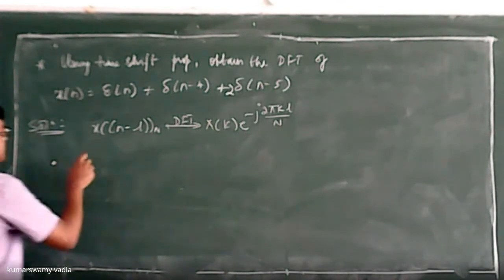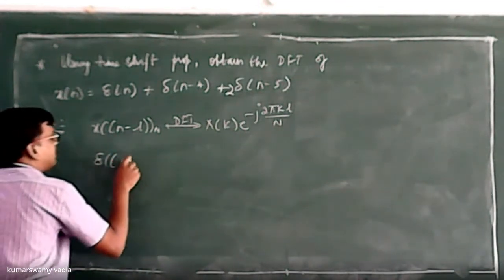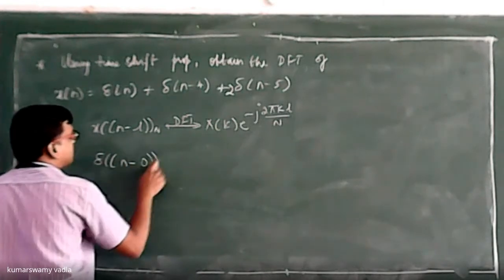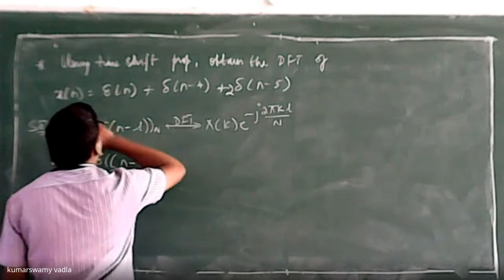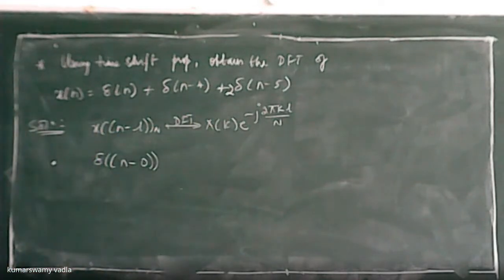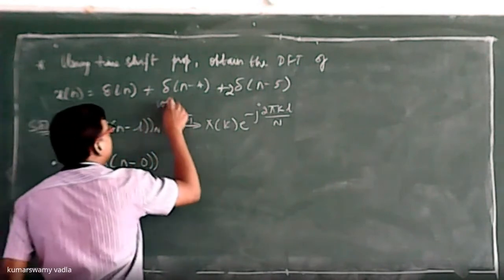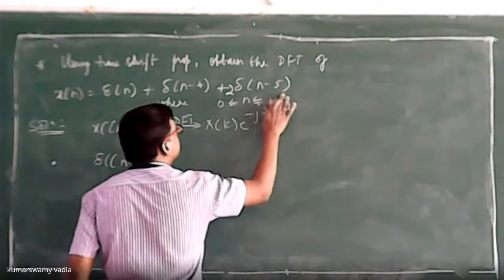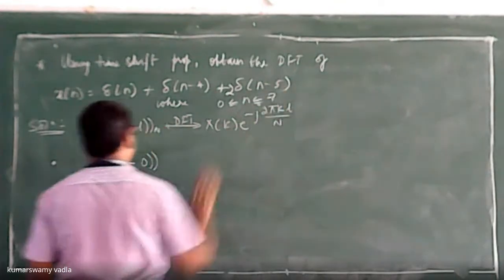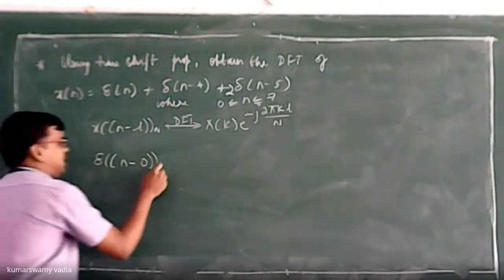Delta of n minus L, where L is 0. In the question, n ranges between 0 to 7, so it is an 8-point sequence, N is equal to 8.